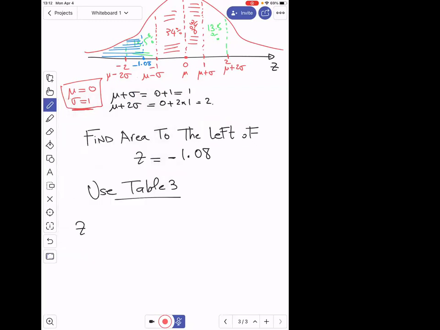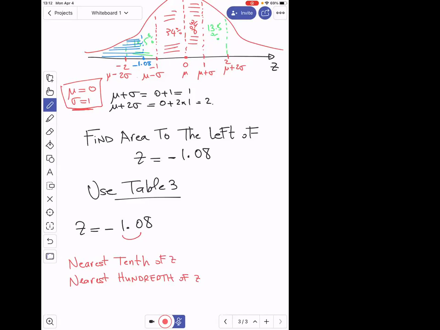To use the table, we need the nearest tenth of Z and the nearest hundredth of Z.